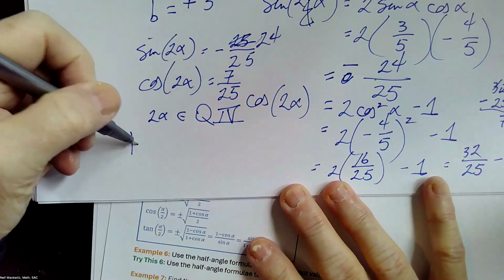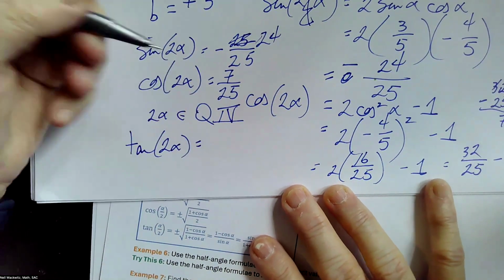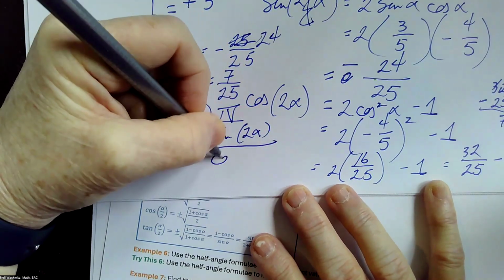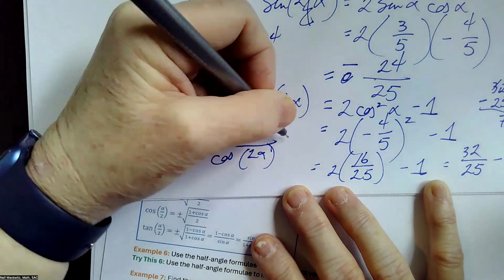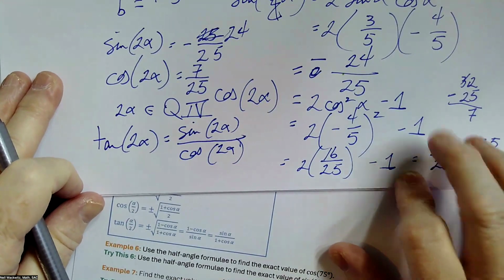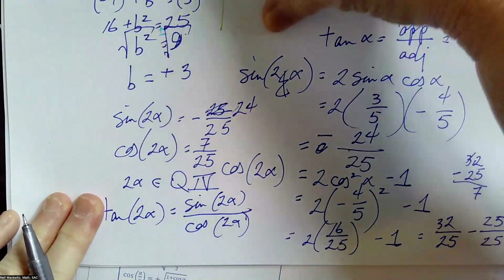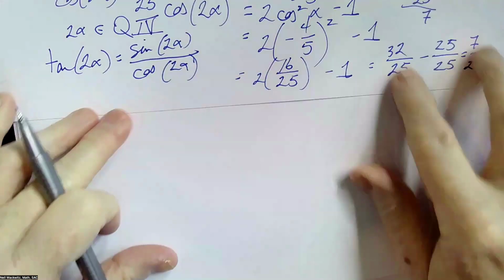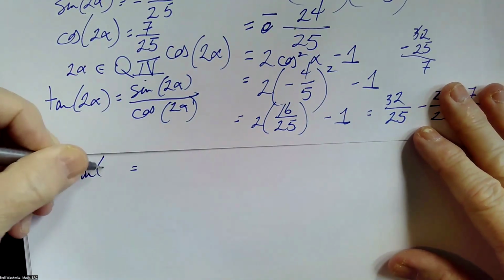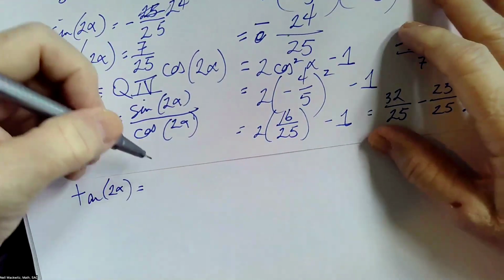First, let's find the tangent of 2 alpha as the sine of 2 alpha divided by the cosine of 2 alpha. And we said that the sine of 2 alpha was -24 over 25.